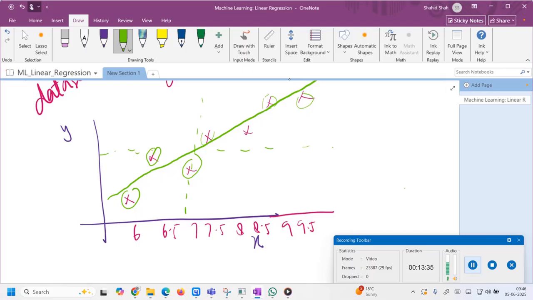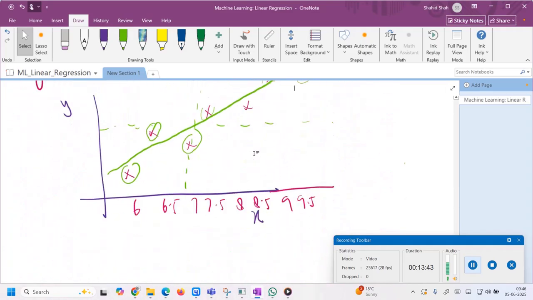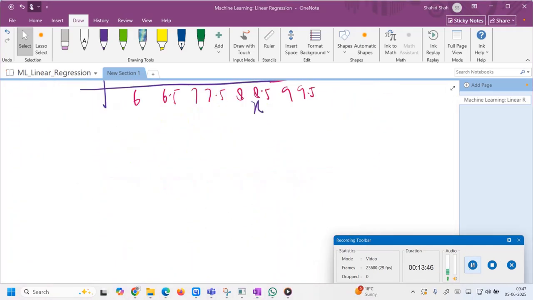Later we say that given the data set, we want to learn about theta 0, theta 1, hence the name machine learning algorithm. We want to learn about these model parameters given the data set. Now how to do that? For any data point, let's say yi is the output and xi is the input. What is the actual output?